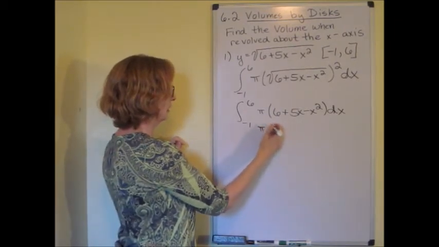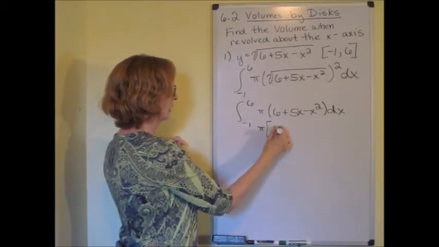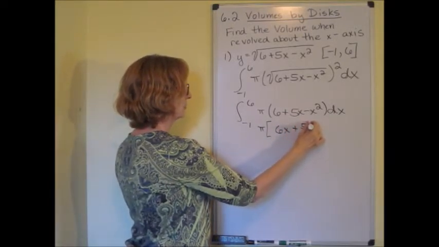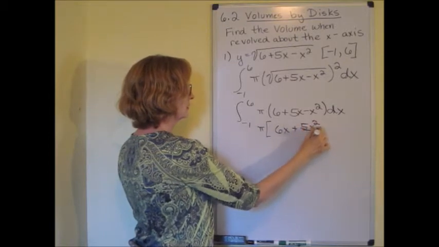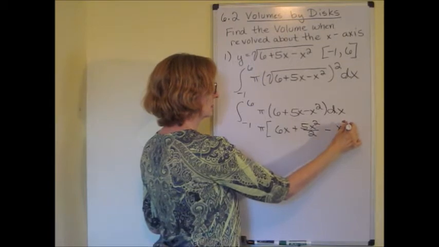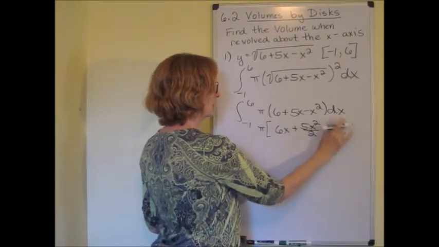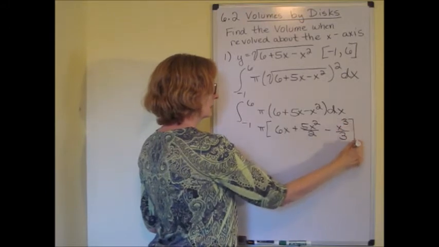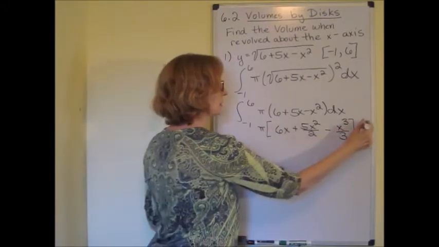And when you integrate here, you're going to get 6x plus 5x squared over the 2 minus x cubed over 3. And we're going to take that from -1 to 6.